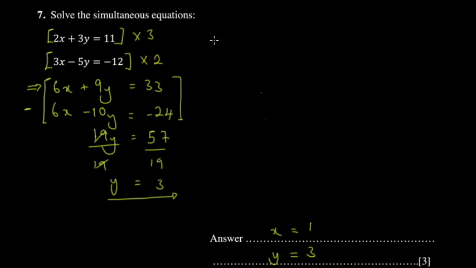Okay, so you can just take this one. You say 2x plus 3y, if you are using the correct numbers here, they should give you 11. If they don't give you 11, big problem. So 2x is 2 times 1 plus 3 times 3. Okay, so it's simply 2 plus 9, which is 11.